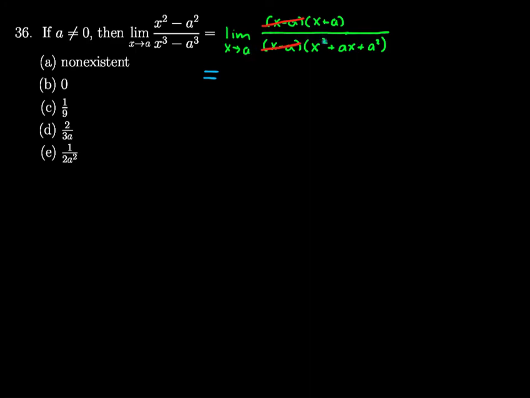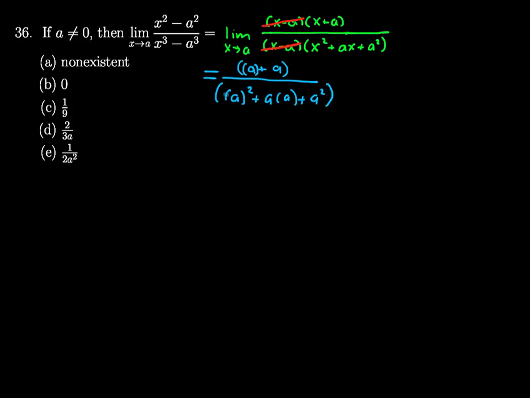And so for the limit now, I can plug this in and say, even though I never actually get there, the limit will become what happens when I put this in. So we would get a plus a, let me put some parentheses, make this a little bit neater, divided by a squared plus a times a plus a squared.